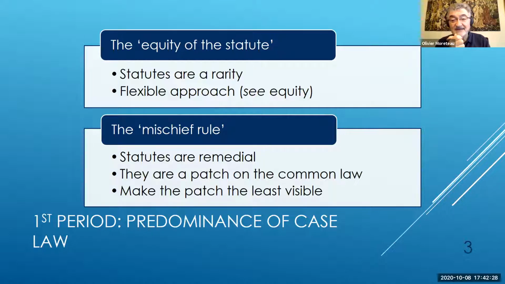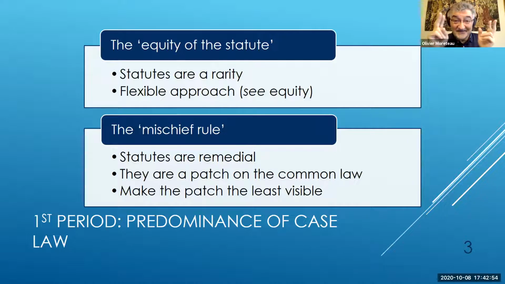Statutes were a rarity. Actually, the statutes we had at the time can be called remedial statutes. It is when the common law got stuck because of its rigidity. Equity helped to some extent, but did not fix the problem completely. Parliament was every now and then passing a remedial statute.